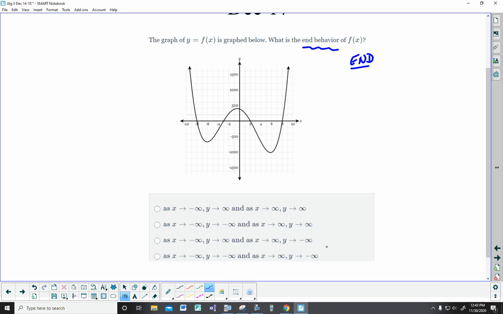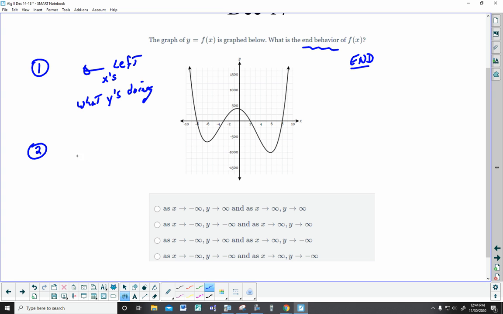Really, your very first question is, as you go left. So that's going to reference your x's. And you're going to ask yourself, what are the y's doing as you go left? We'll get an answer to that in a second.